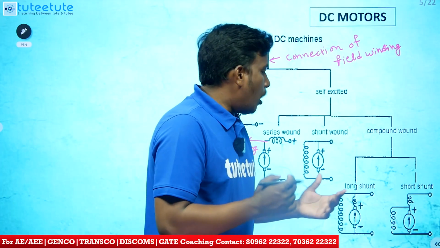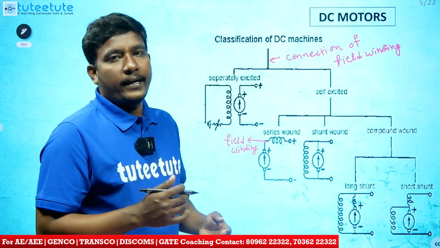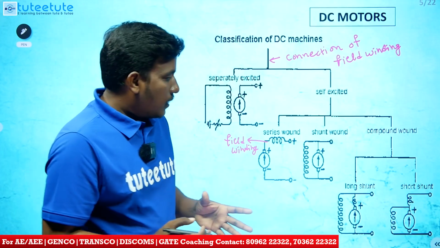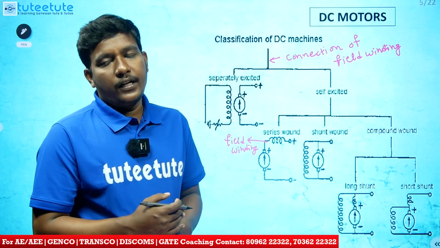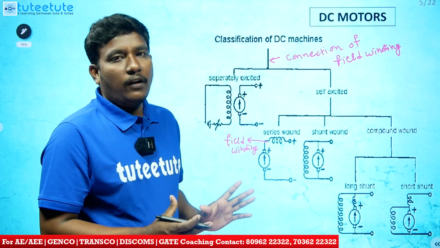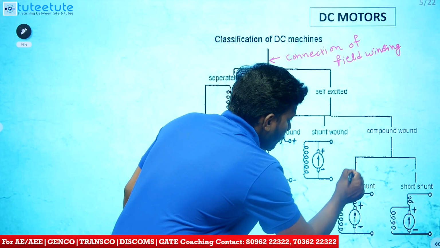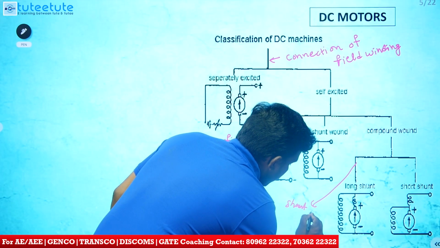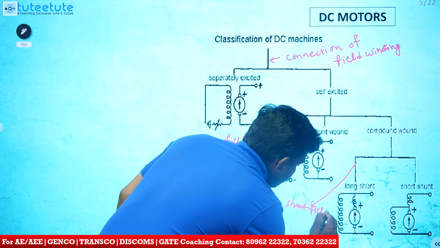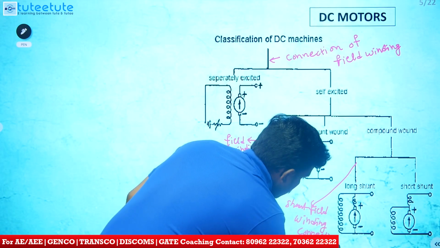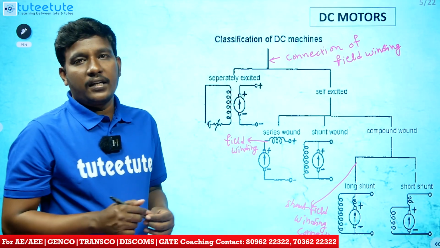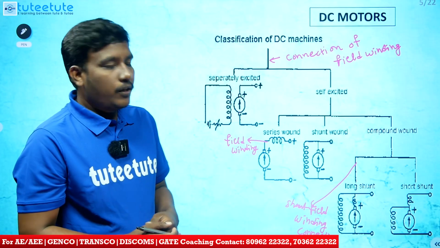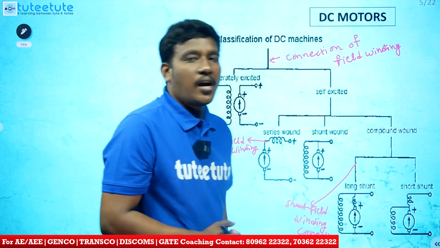Compound motor means it has two windings, both series winding and shunt winding. Compound motors can again be classified into two types based on the shunt field winding connection, long shunt and short shunt.